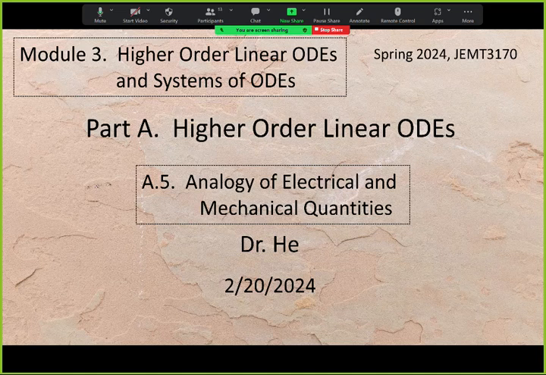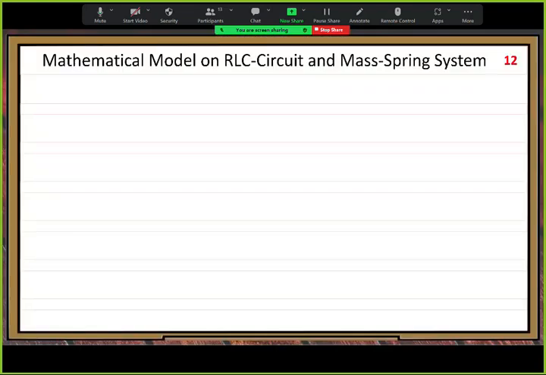But if you look at the formulas, there is some analogy between them. Here, mathematical model on RLC circuit and mass spring system. There is some interesting one-to-one correspondence.